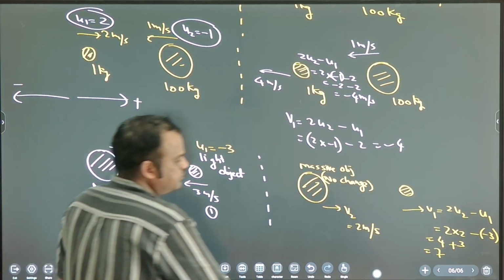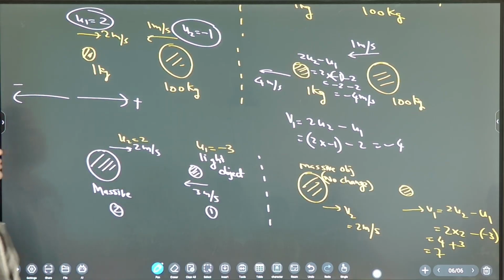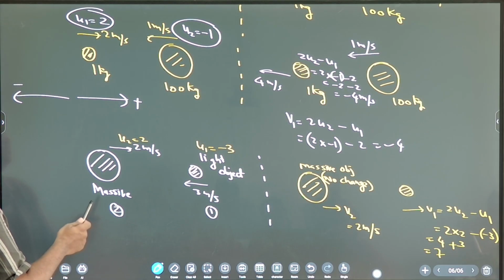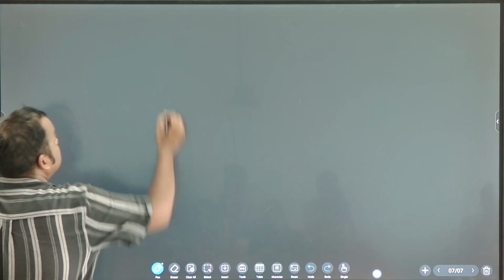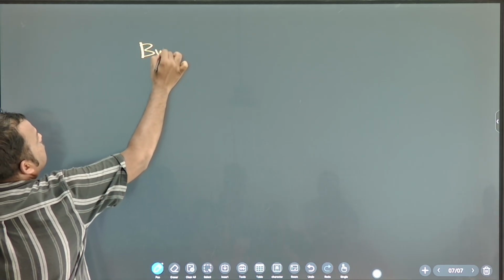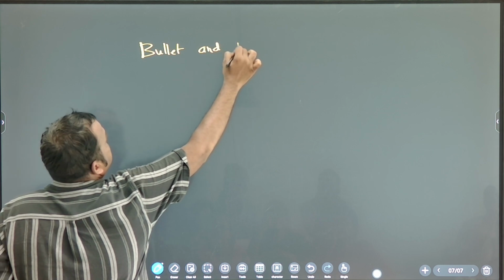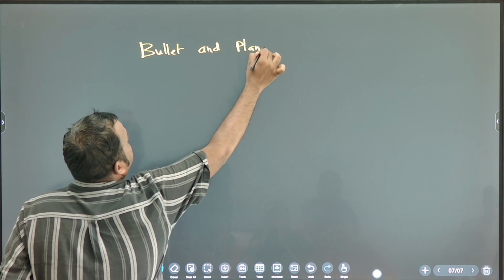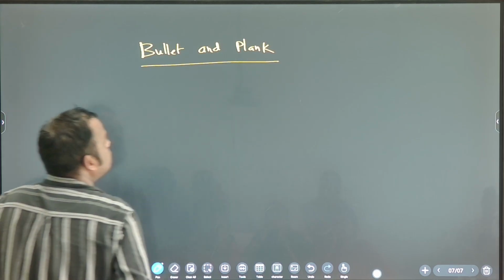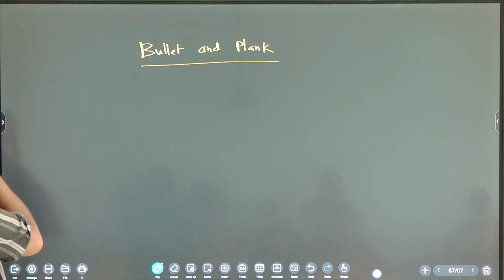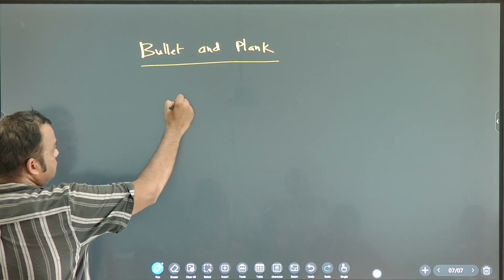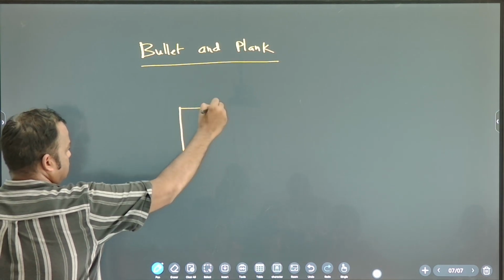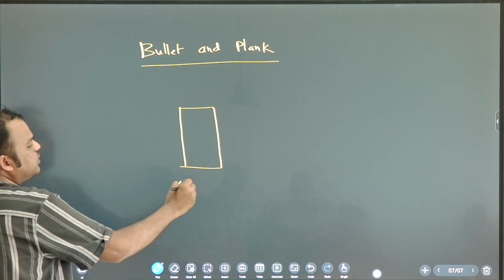Okay, next we will do bullet and plank. Note down. Bullet and plank. Suppose this is the wooden plank.